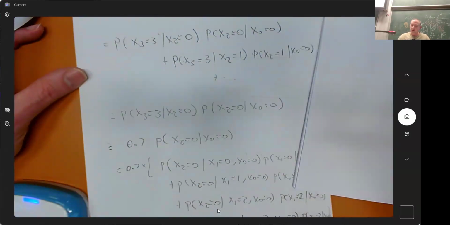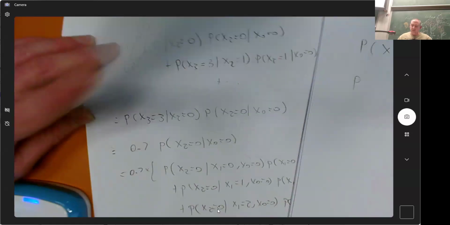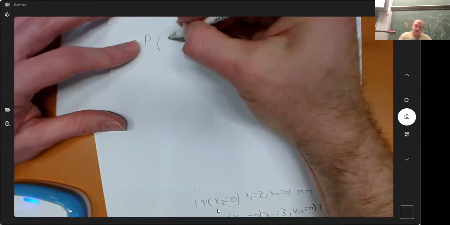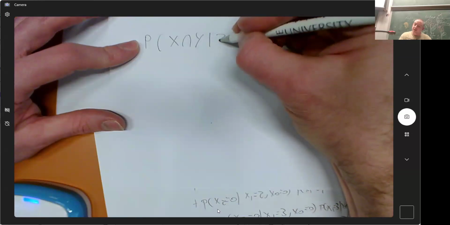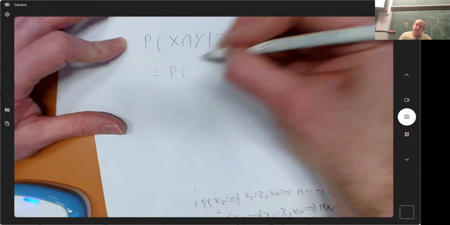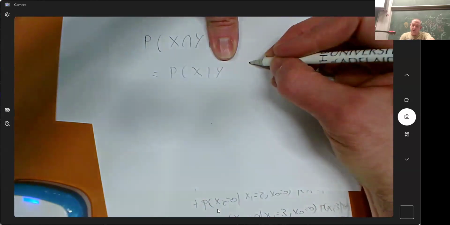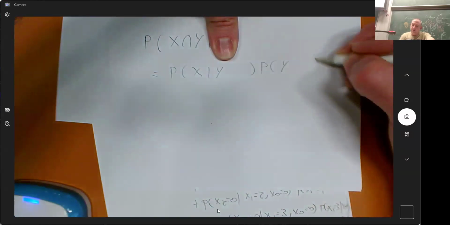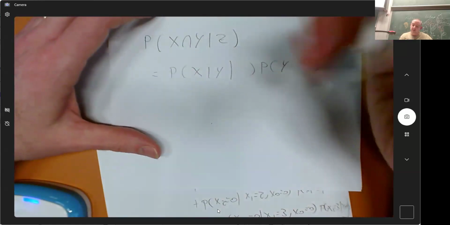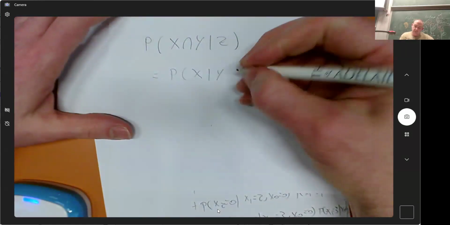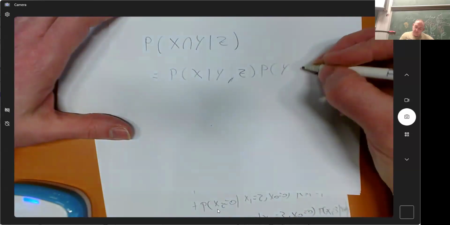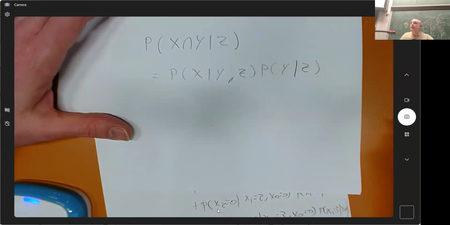So it was actually that the probability of x and y given z is the probability of x given y, but they're both given z. Like that.